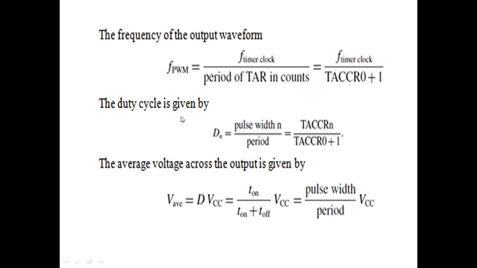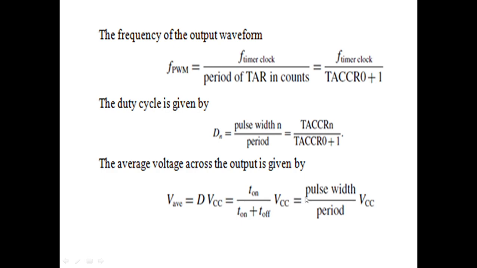The duty cycle means on time, so the pulse width here, timer A register 1 is 60, that is the on time, by 100. The average voltage across the output is V average equal to D into VCC, meaning the duty cycle into supply voltage, equal to on time by on time plus off time into VCC.